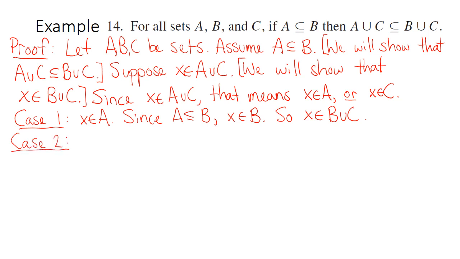Remember it was coming from this OR up here. So case 2 is when X is in C. If X is in C, then X is in B union C, because B union C would be all the elements that are in either B or C. Okay, so in either case, X turned out to be in the union of B and C.